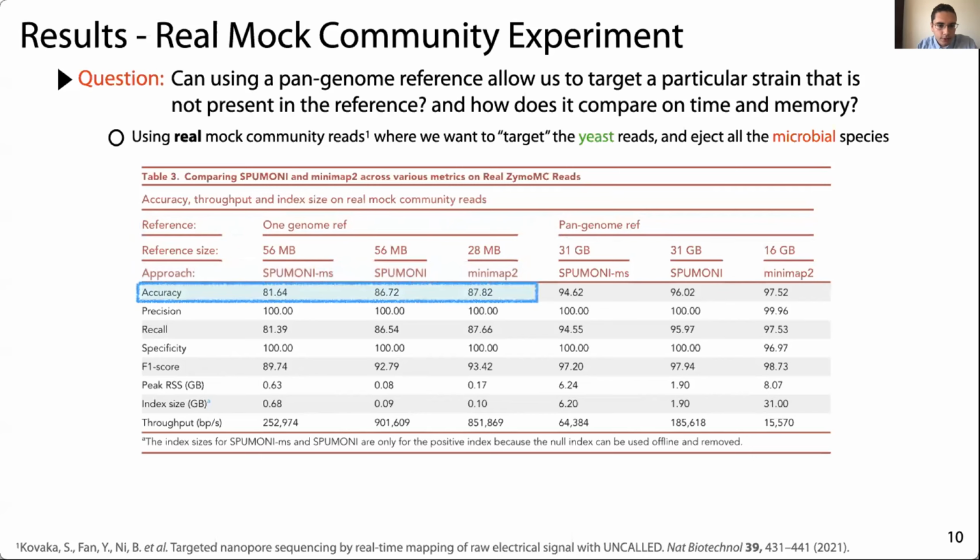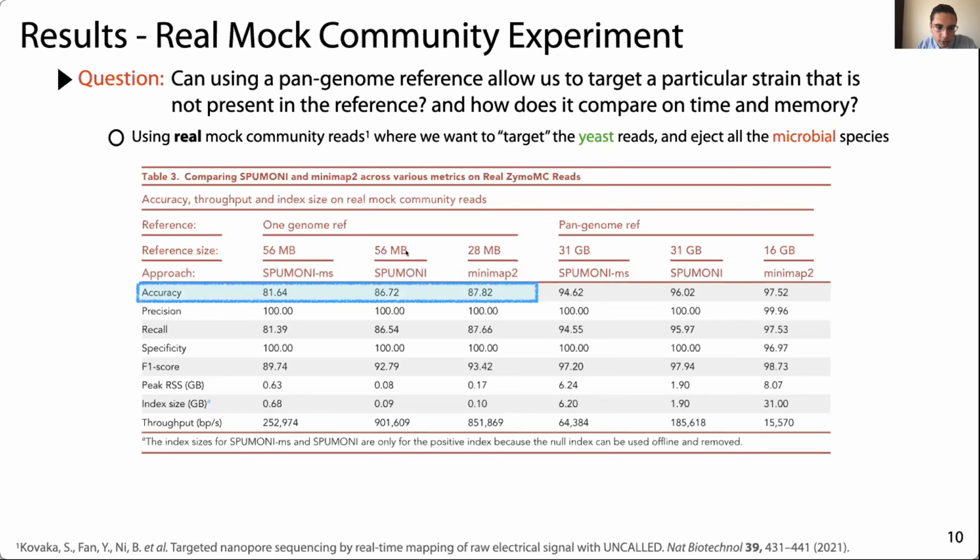When we look at the accuracy using the one genome reference, we can see that SPUMONI is slightly behind Minimap2, but it is ahead of SPUMONI MS. This is the trend we saw with all of our experiments: using pseudo matching lengths gives you more power when it comes to the binary classification.